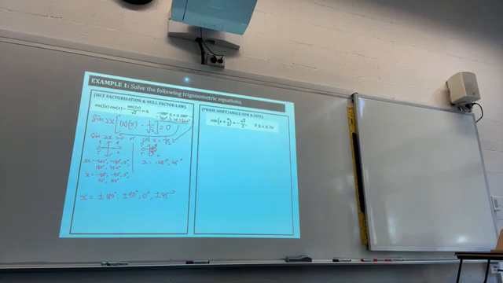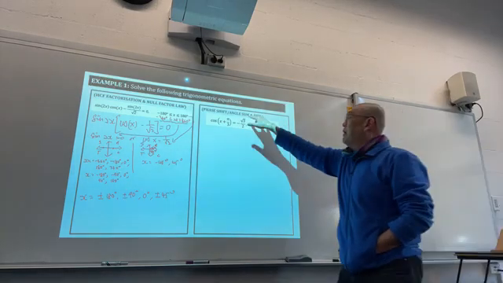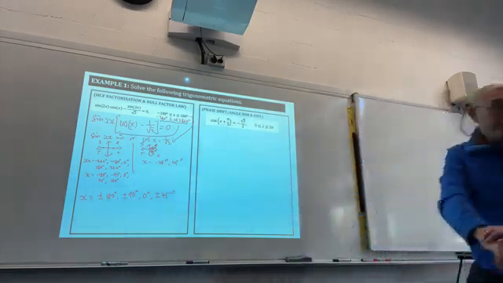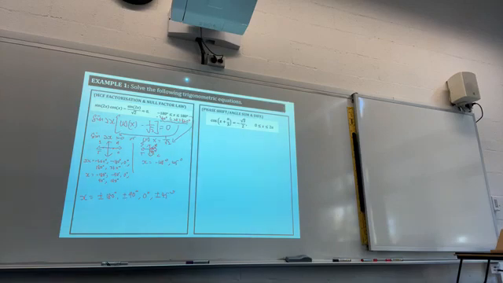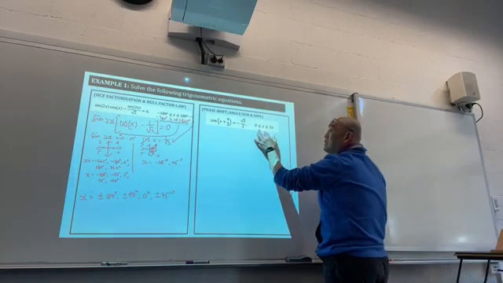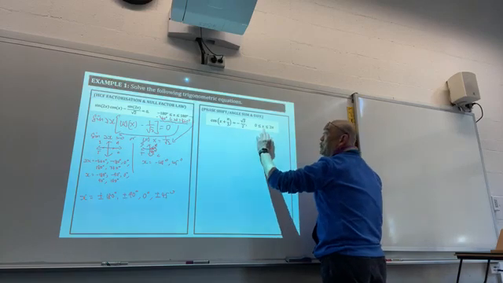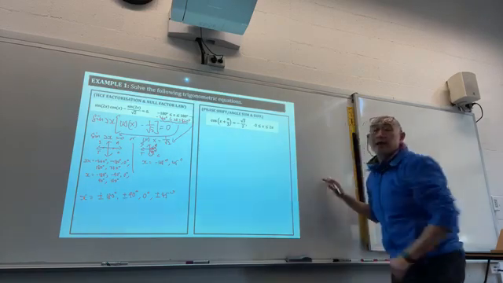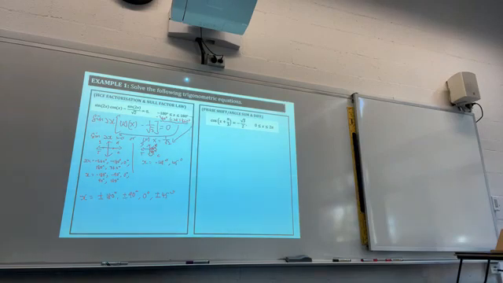So the next one, you could use two ways of doing it. Either the phase shift or angle sum and difference. Like I say, let's not worry about that yet. Let's do the phase shift. Looking at that, you would know that we need to change the domain. The domain is now x plus pi over 3. So I've got to change the domain to 0 plus pi over 3, which is pi over 3, and x plus pi over 3, and then 7 pi over 3.